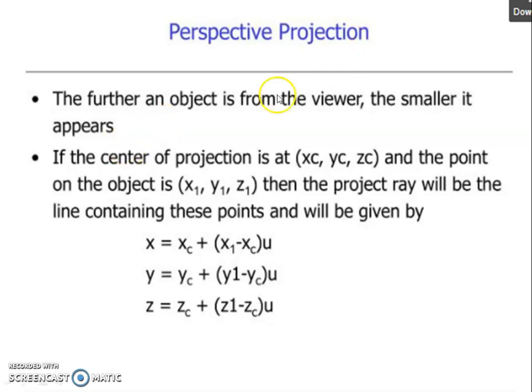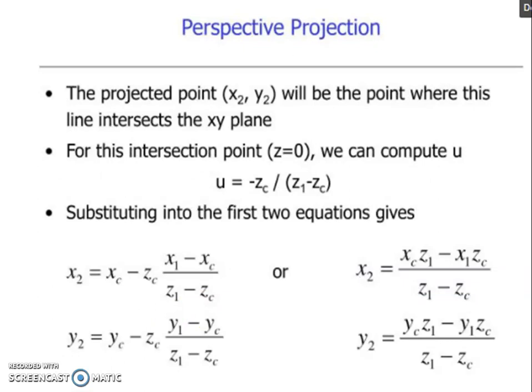If the center of projection is at (xc, yc, zc), and the point on the object is (x1, y1, z1), then the projection ray is represented by x = xc + (x1 - xc)u, y = yc + (y1 - yc)u, z = zc + (z1 - zc)u. And the projected point (x2, y2) will be the point where this line intersects the XY plane.